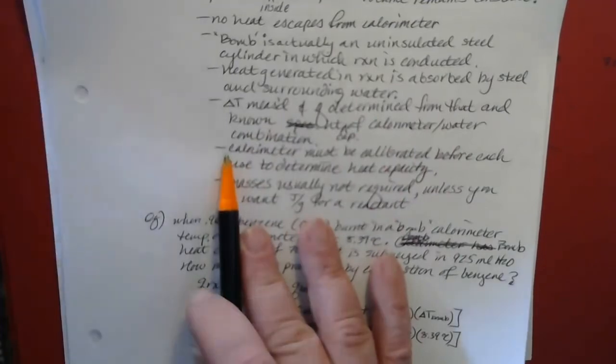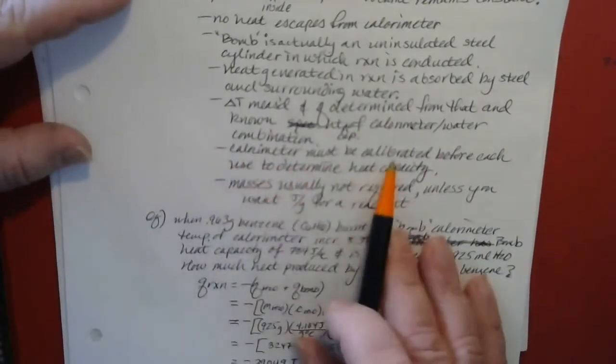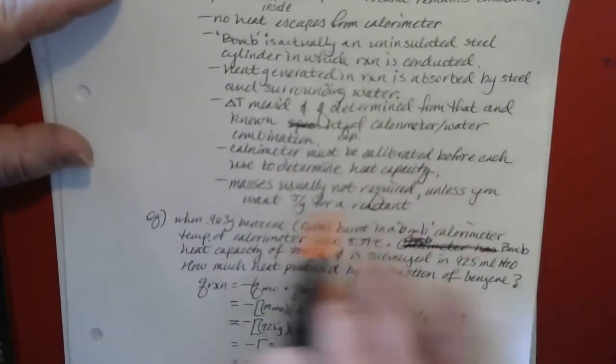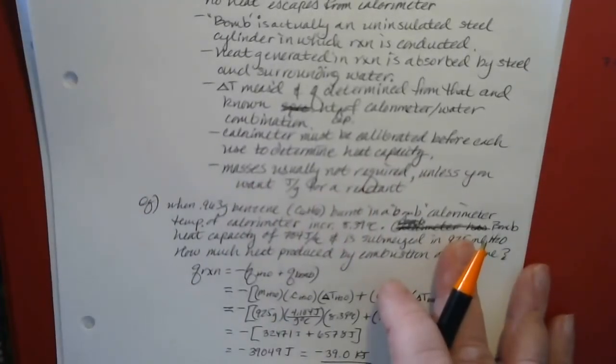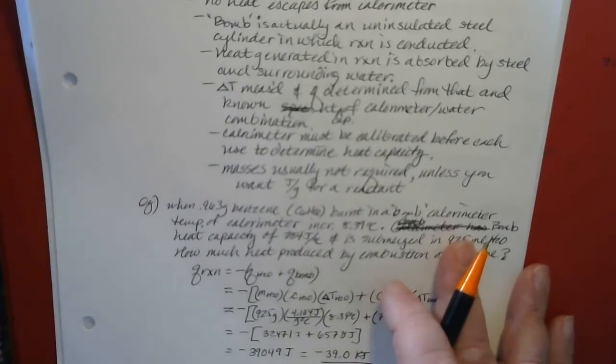Using this type of calorimeter is kind of a pain, though, because it has to be calibrated before each use to determine its heat capacity. The manufacturer will tell you the heat capacity when it comes from the factory, but that can change over time. It can change if the stainless steel gets dirty or corroded a little bit, or a little chip is taken out of it or something like that.